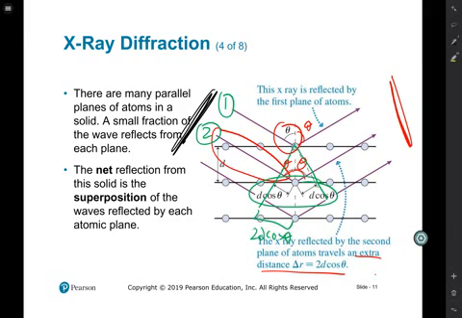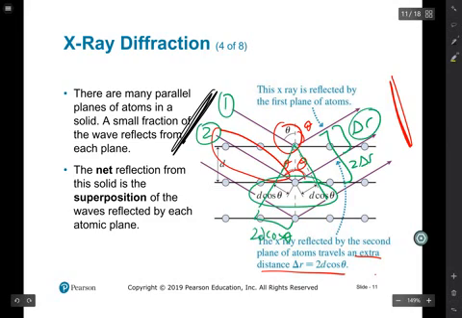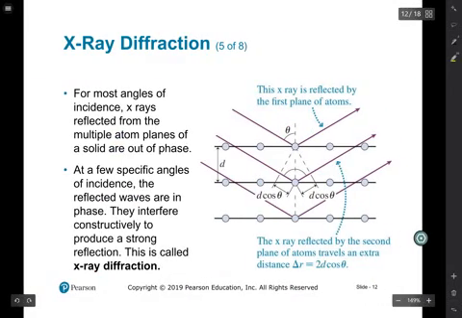So whatever the path length difference is, if this is delta r, then this is 2 delta r, and so on. It's exactly twice as much. So if this is constructive, then this by definition must be as well, and so on. We saw that with the diffraction grating, a very similar derivation. So we can calculate where the bright spots are based on the wavelength and the atomic spacing d, which is what we care about.